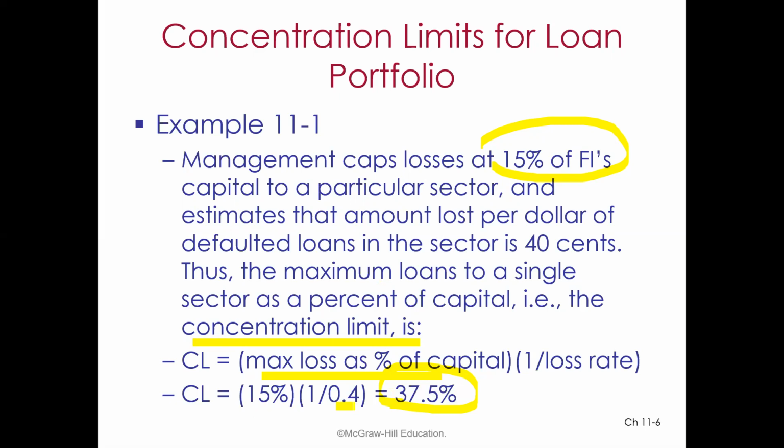For example, if $1 is defaulted, 40 cents will be lost, meaning 60 cents is recoverable. And in that case, we can calculate the concentration limit as 37.5%. So which means that the maximum loan that a bank can grant to this particular sector will be 37.5% of its capital.